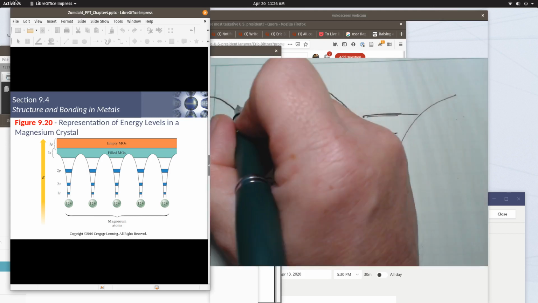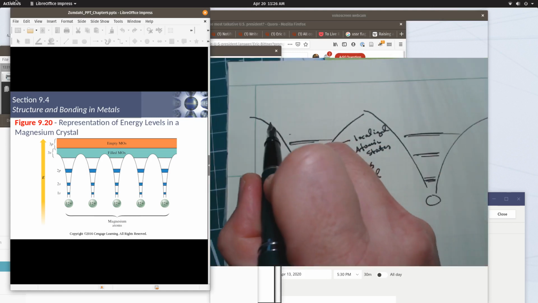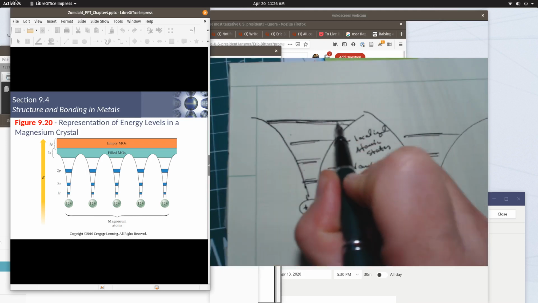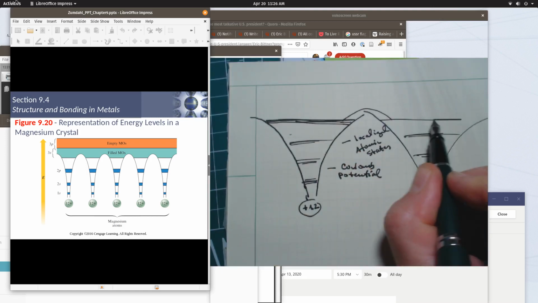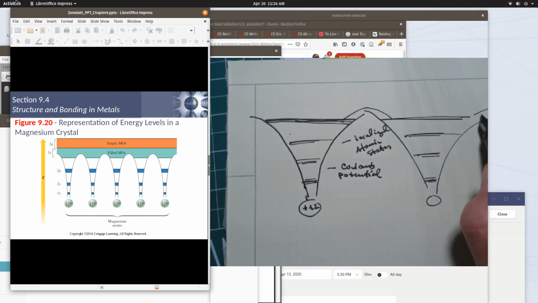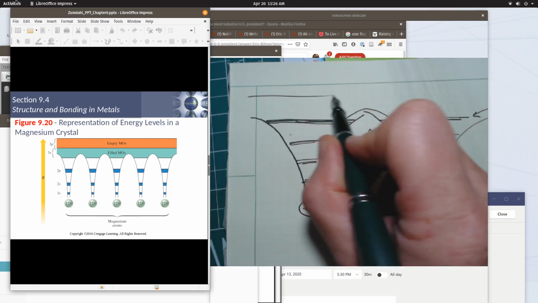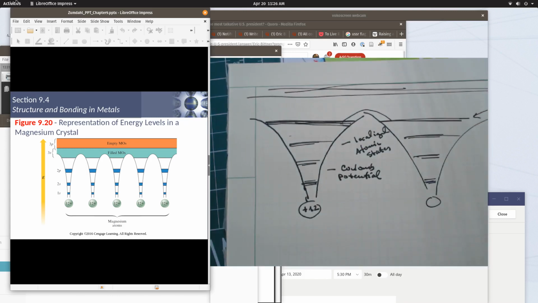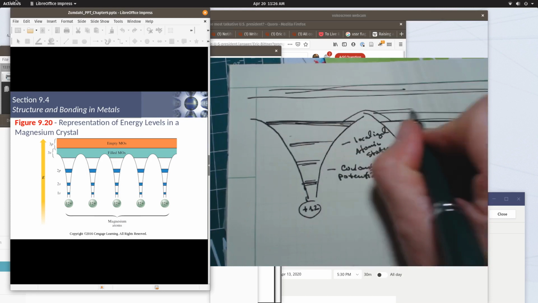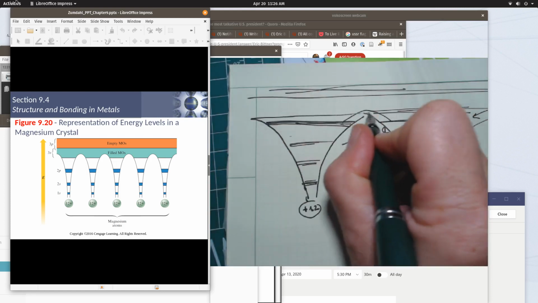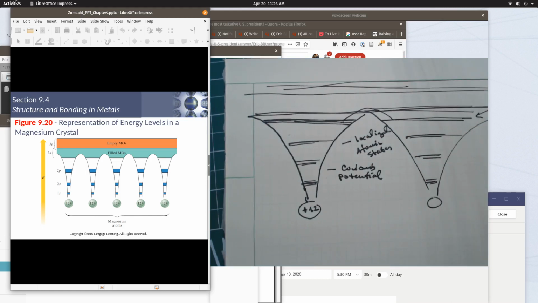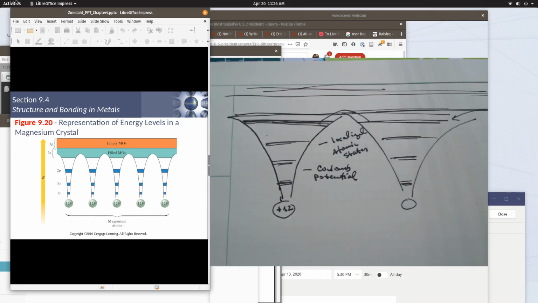As I get closer to the top of these wells, the electrons that are over here can hop over to here, can hop over to here, and so on. Above this I might have more states up here. And all the states up to the top of that potential are occupied molecular orbitals, and these are unoccupied. You can't see what I'm drawing.